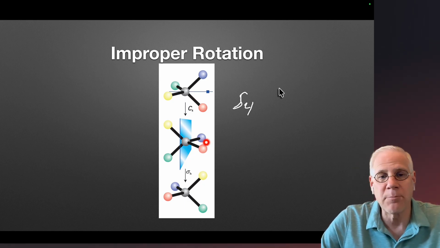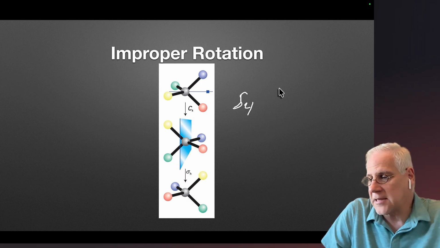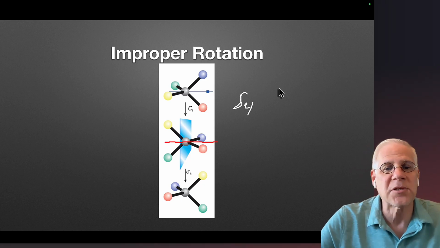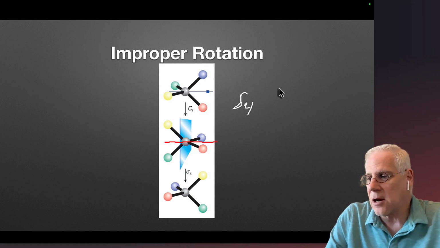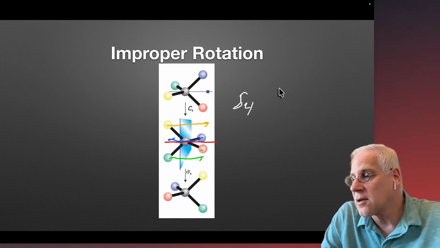And now we're going to put a mirror plane that is directly perpendicular to that axis. I'll put in the axis here. So the axis went through the molecule like that, and you can see that mirror plane is exactly perpendicular to that rotation axis. Now when we reflect that, the yellow one is going to come over here, the purple one is going to come over here, the green one is going to come over here, and this guy is going to go up in here.